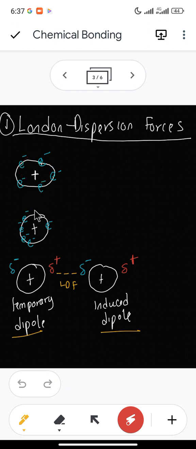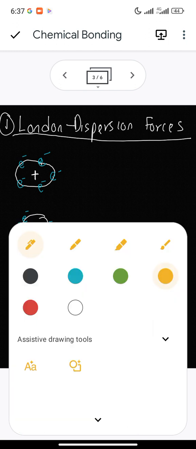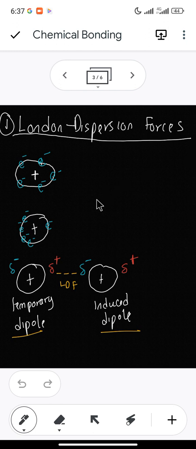Based on the same thing we talked about, how a non-polar molecule can be polarized, this became polarized, and we had a temporary dipole. Now, this temporary dipole is placed in the presence of a non-polar atom or a non-polar molecule.